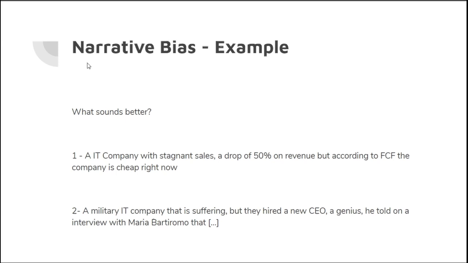Second example: a military IT company that is suffering, but they hire a new CEO. He's a complete genius. He told in an interview with Maria Bartiromo that his new strategy is going to make the revenue go higher, into new all-time highs.